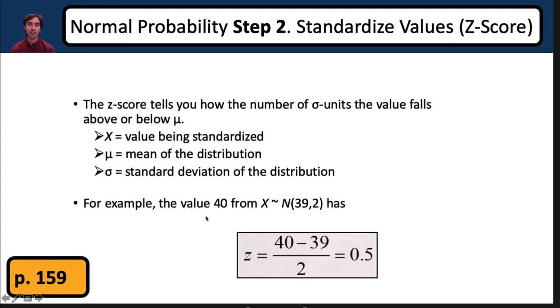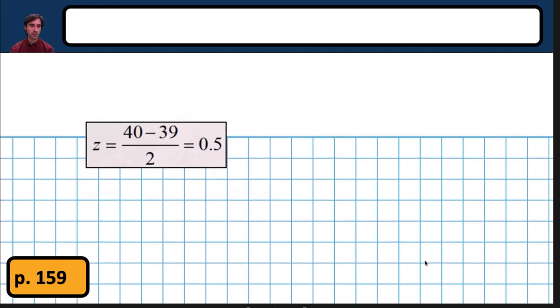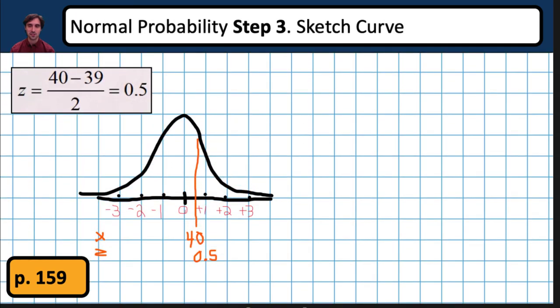We wanted to know everything less than 40 weeks of gestation. And so we do 40 minus 39, because that's the mean, over the standard deviation of 2, and that is 0.5. So what is this saying to us? Let's just look at this in a fun little way, just because I felt like putting it on graph paper.